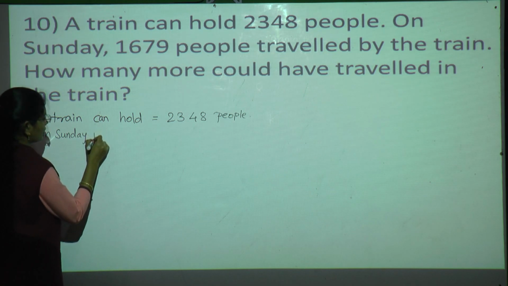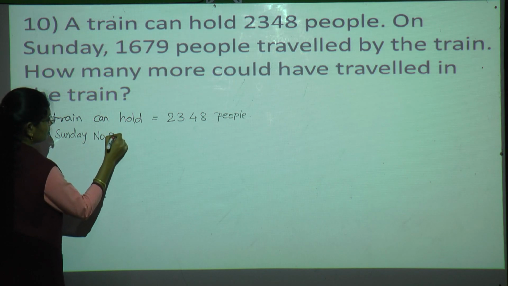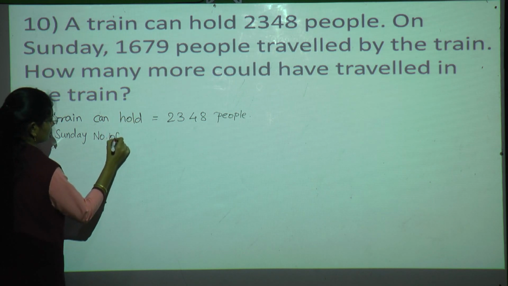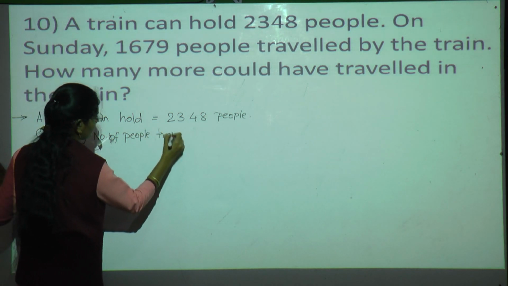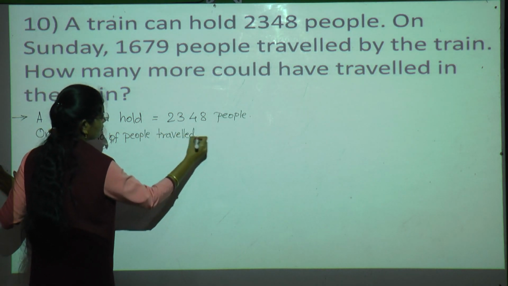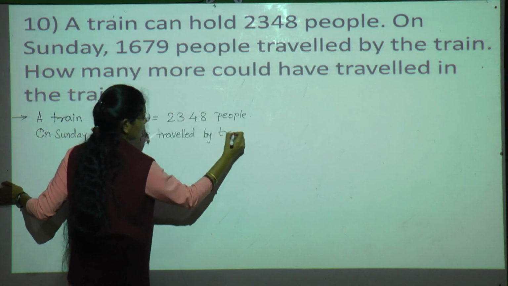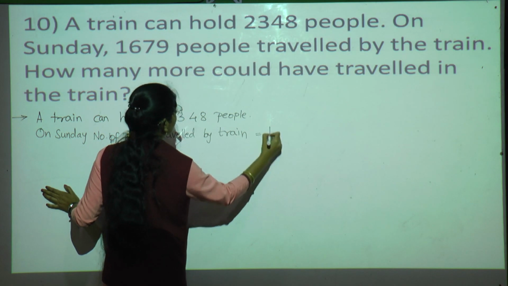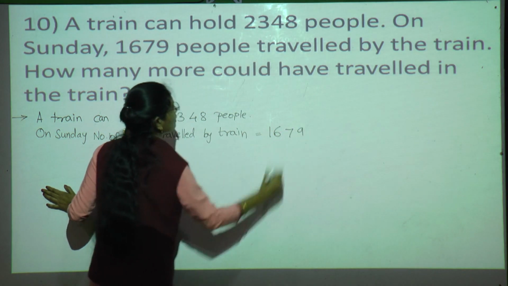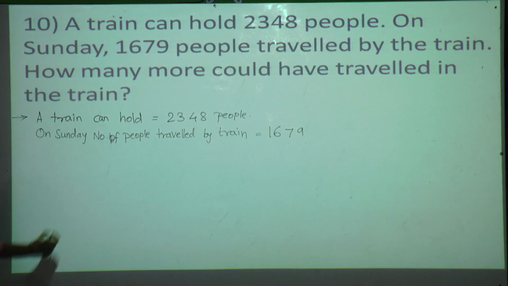On Sunday, number of people traveled by train is equal to what? 1679. Now do the subtraction.